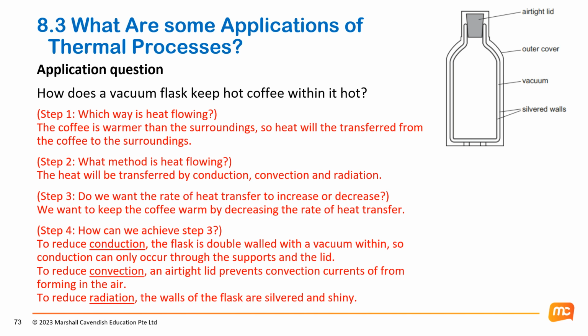And lastly, to reduce radiation, the walls of the flask are silver and shiny because they are poor absorbers and poor emitters of radiation. So they're not going to warm up and they're not going to give off much radiation.